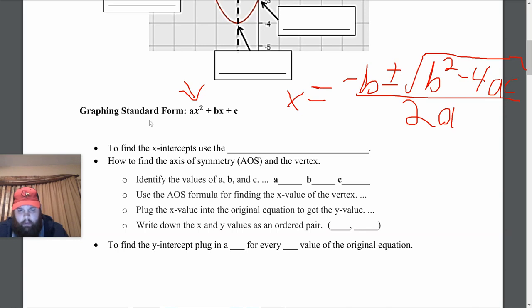Okay. So now, how do we find the axis of symmetry? Remember the axis of symmetry? We can kind of see it here at the top. It's that dotted line from earlier. These are the steps we can take to find that. So first we identify the values of a, b, and c. And then we use the AOS formula. Well, what's the AOS formula?